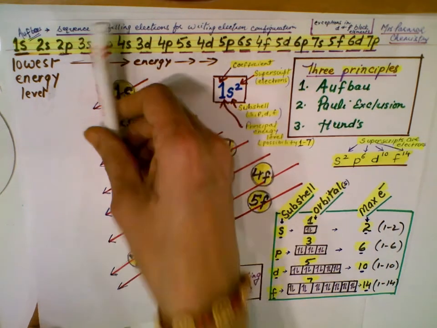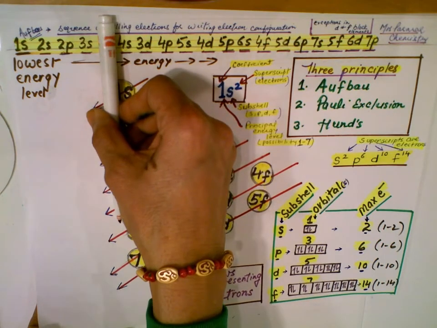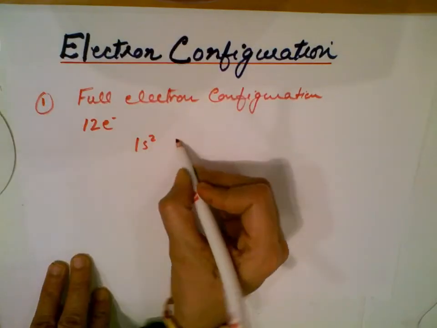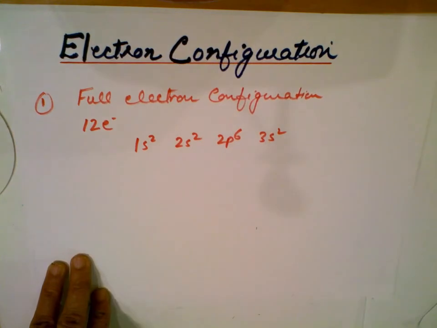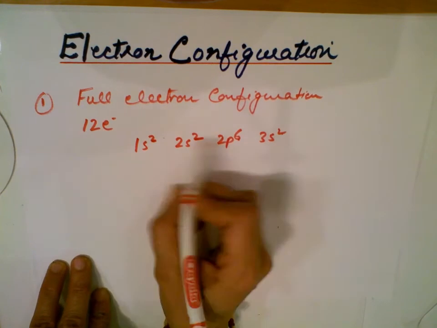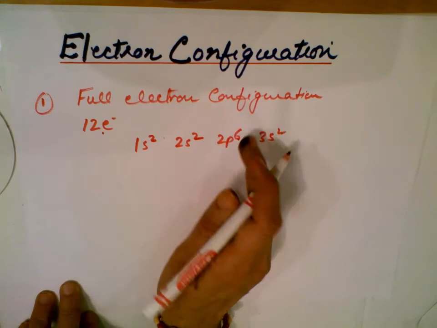So you stop here at 3s2 for 12 electrons. So 1s2, 2s2, 2p6, and 3s2. You add 2, 2, 6, 2, and that gives 12 electrons. This is a full electron configuration. You just add those superscripts.